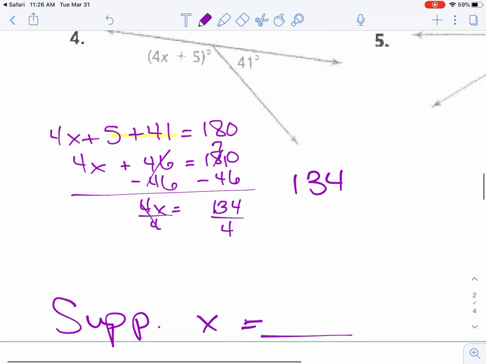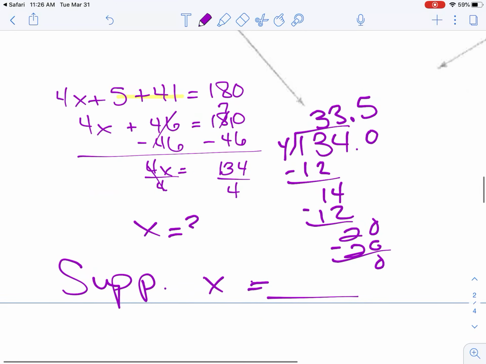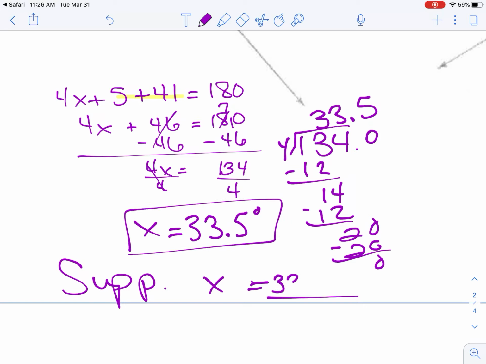So if I do 134 divided by 4, I get 33.5. So x is 33.5 degrees.